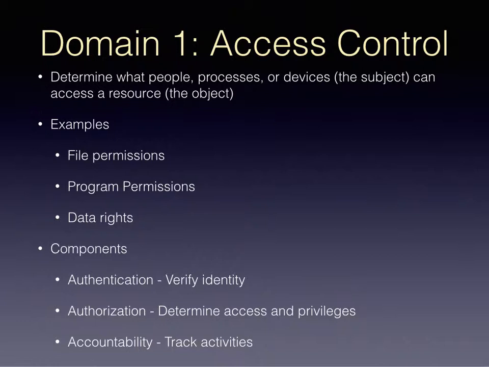Authorization takes place after authentication and specifies what the verified subject is allowed to access and what they can do with the object once they access it. And accountability tracks both authorized and unauthorized access to objects. All 3 of these together comprise access control.